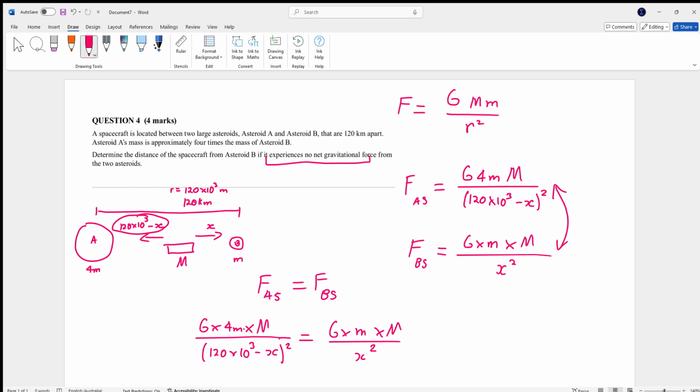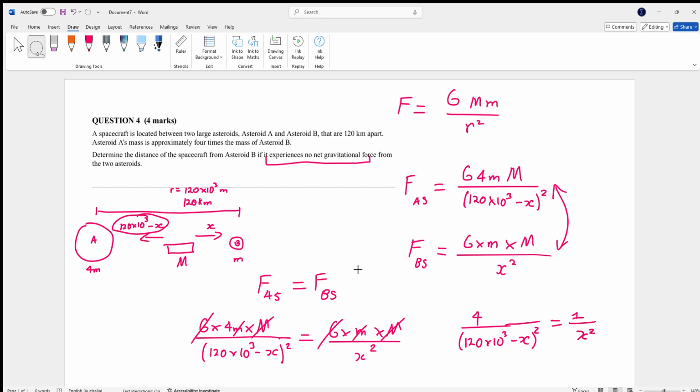So we can cancel the lowercase m from both sides, the capital M from both sides, and the gravitational constant. So we only have this equation to solve: 4 over 120 times 10 to the 3 minus x all squared equals 1 over x squared.